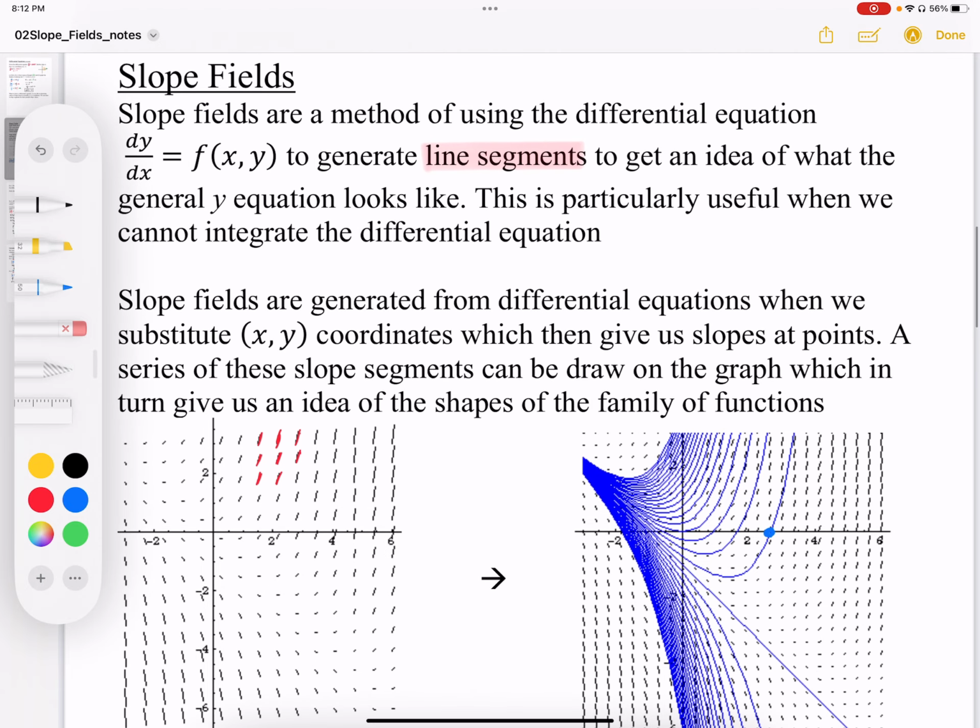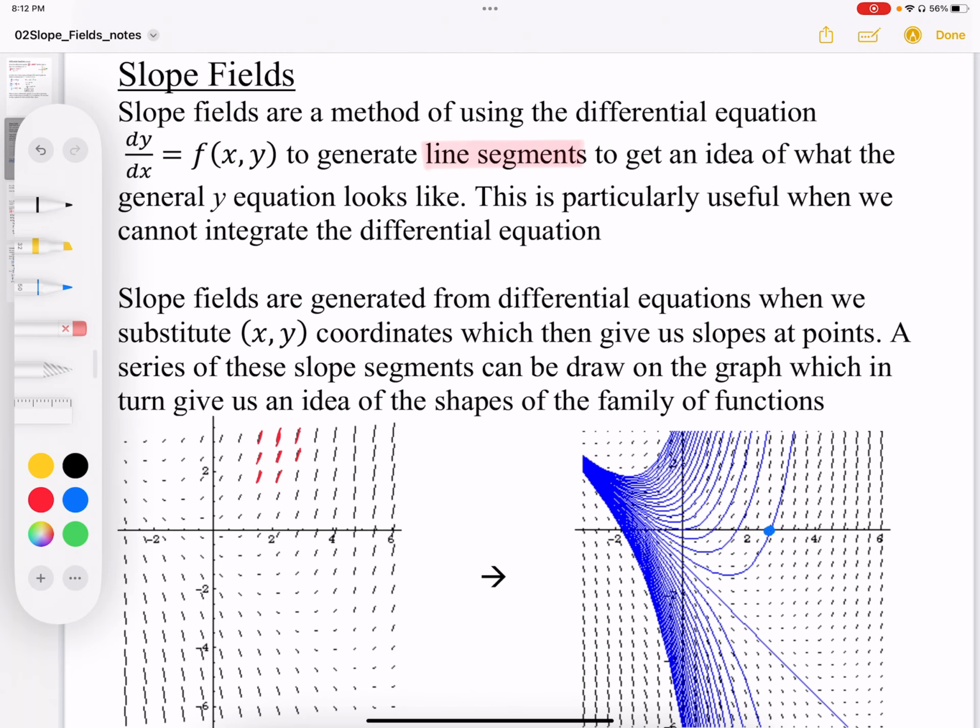These slope fields are generated by calculating the slopes of different line segments by plugging in x and y coordinates. So, for example, I've drawn this here in red. If I want to find the slope at these different points, I plug the coordinate into the derivative function to calculate the slope, and then I draw in a short line with that particular slope.